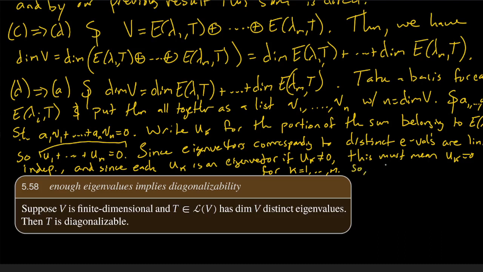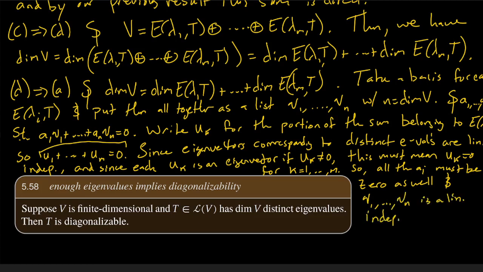So, all the AI must be 0 as well, and V1 through Vn is a linearly independent list of length dim V, and hence a basis of V. Done.